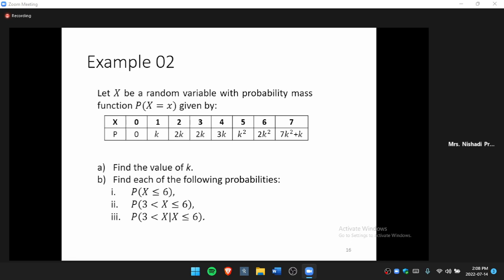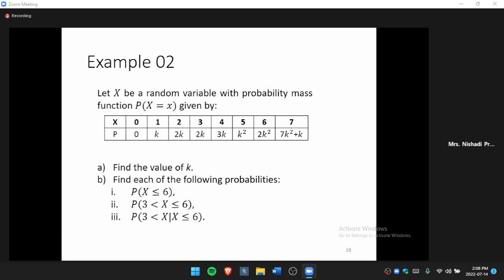I told you there are two ways of representing a probability mass function: writing a mathematical function or creating a table. So here you have a table with probabilities. Now using this, you have to answer some questions.